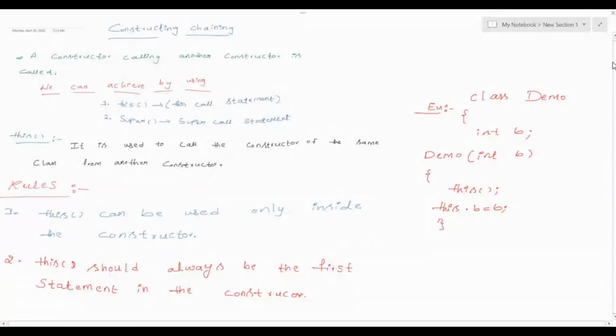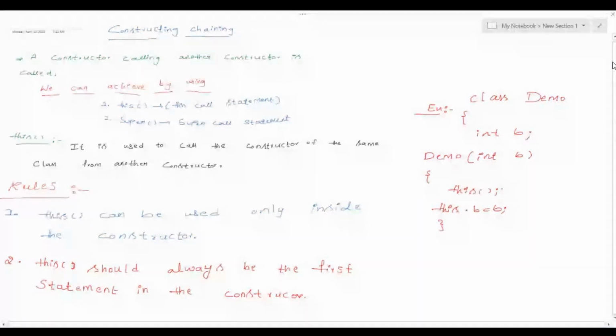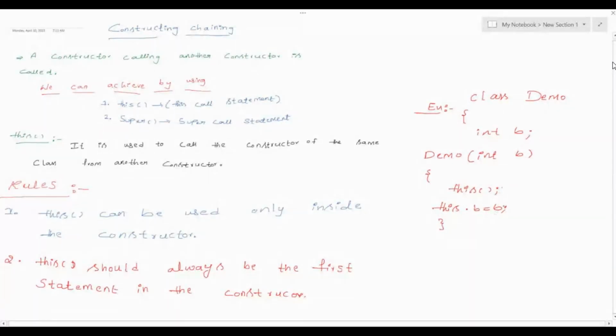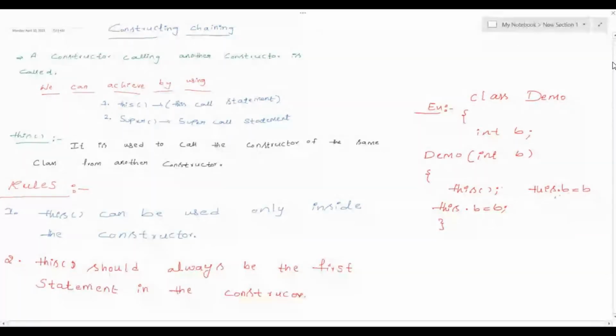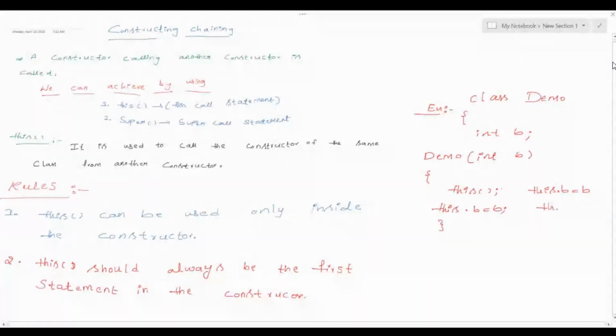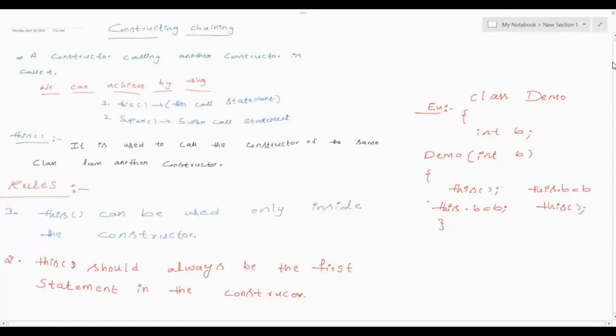Suppose this is correct. First we are using this call statement, following the second rule. Suppose if we are writing like this, first we initialize, so this dot b equals to b. Next we are using this call statement inside a constructor. It is not following the rule. We will get the compile time error.